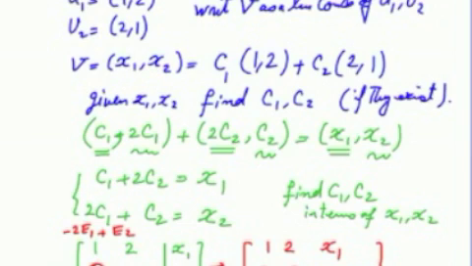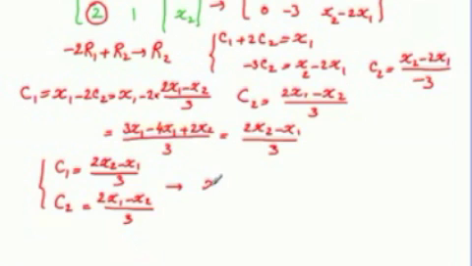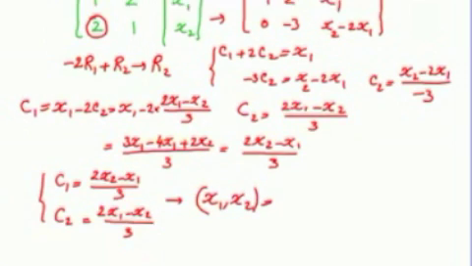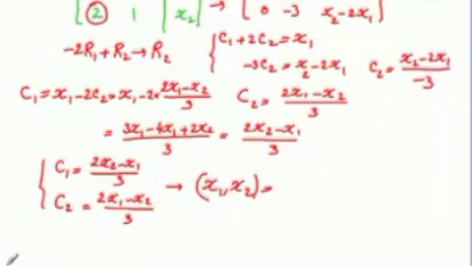Let's write it out explicitly. What we found out is that x1, x2 is equal to, what was this here? C1 times 1, 2. And here's the C1, 2x2 minus x1 over 3. Plus C2, which is 2x1 minus x2 over 3.